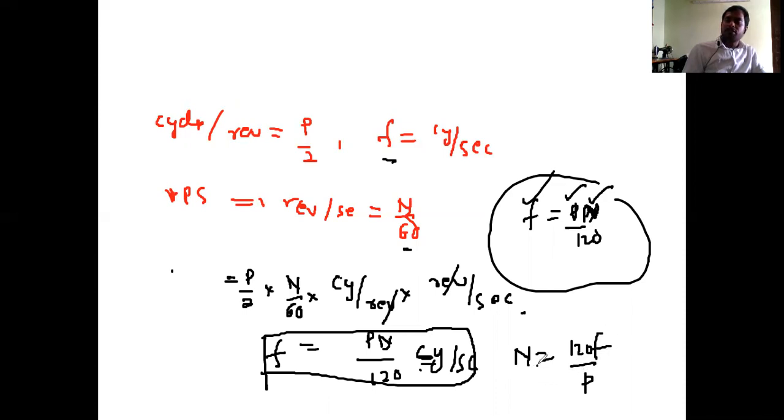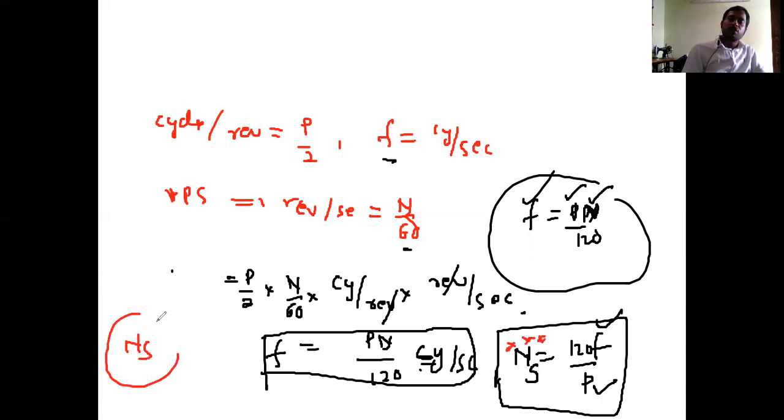This speed is also called the synchronous speed. For a particular frequency and a particular number of poles, the speed is called synchronous speed. This is the most important one. Synchronous machines rotate at synchronous speed Ns, that's why they are called synchronous machines.